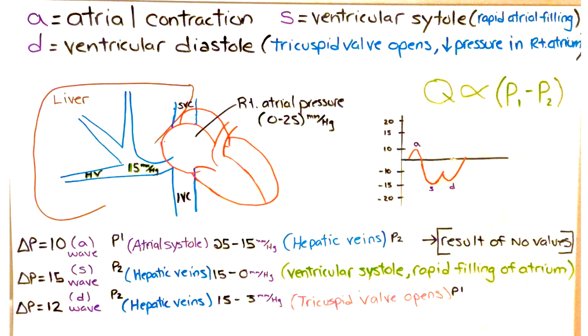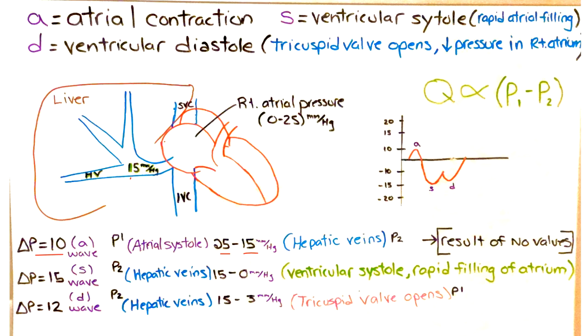The hepatic veins on average are about 15 millimeters of mercury. So when you calculate out a pressure gradient, if P1, at the right atrium, is 25 and P2, located at the hepatic vein, is 15, the difference is 10.